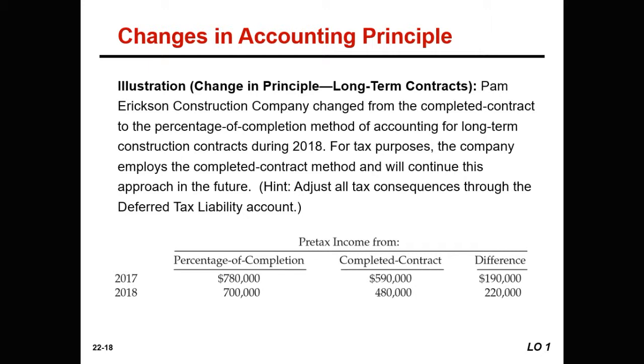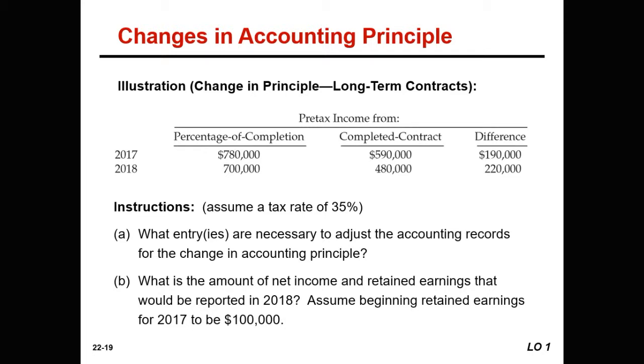And we have differences of $190,000 in 2017 and then $220,000 in 2018. Here's your pre-tax income at a tax rate of 35%.